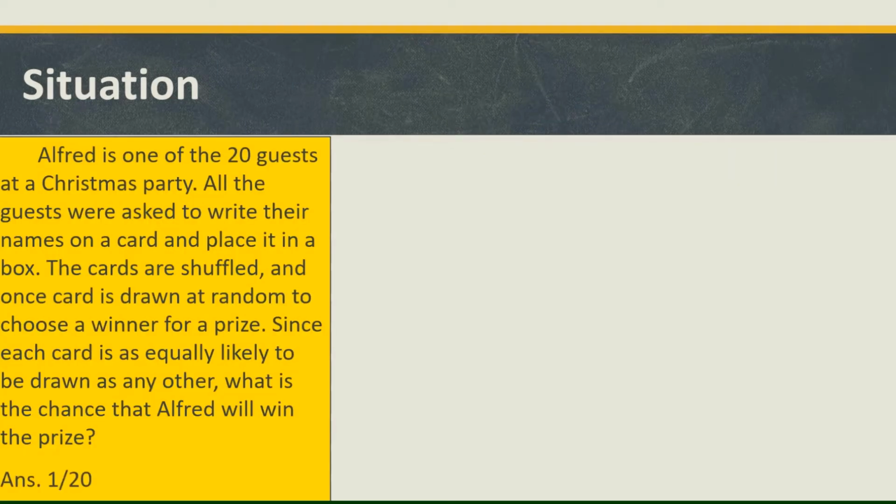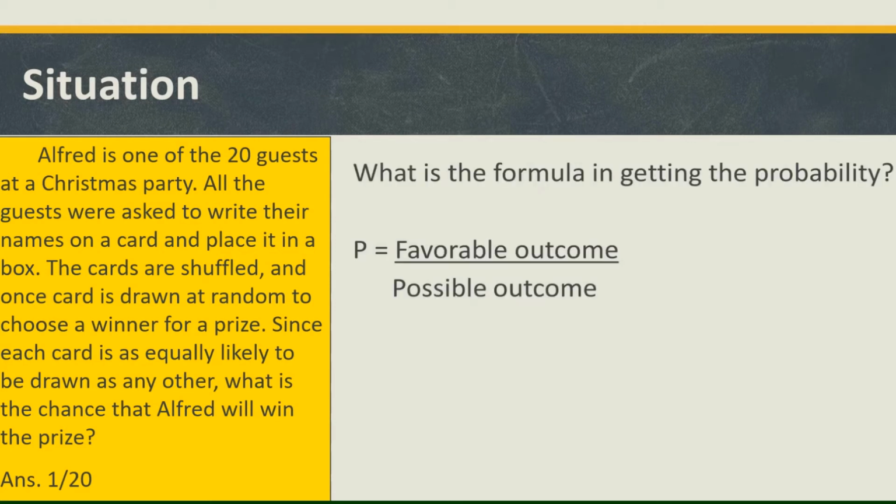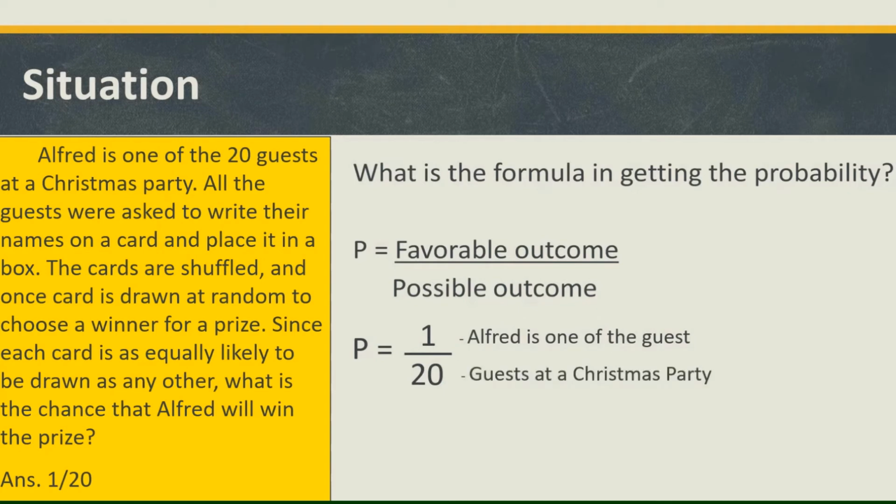How did we get 1/20 as our answer? 1 is the favorable outcome because Alfred is one of the guests in the Christmas party. And 20 is our possible outcome because there are 20 guests in the Christmas party.